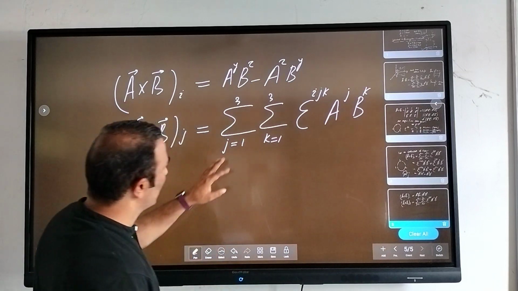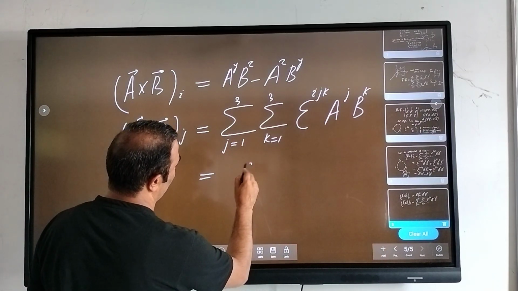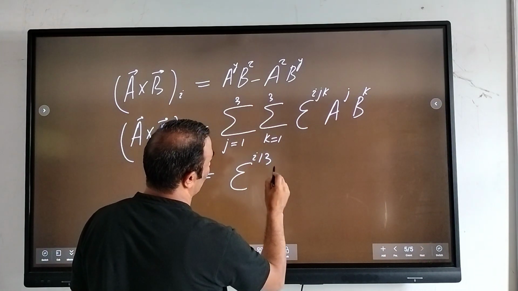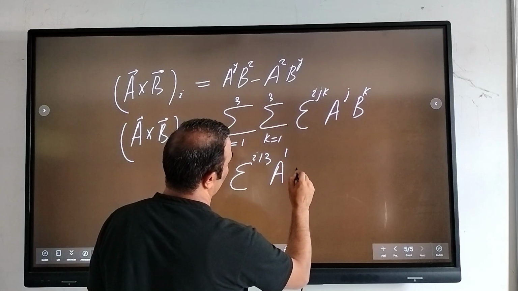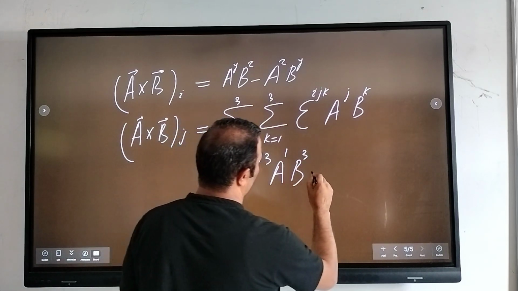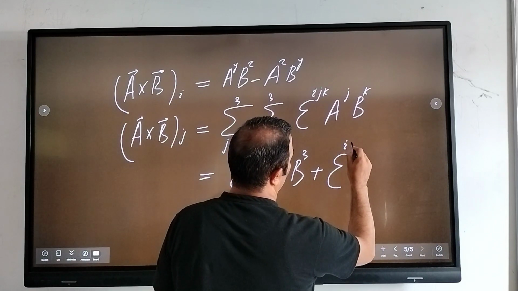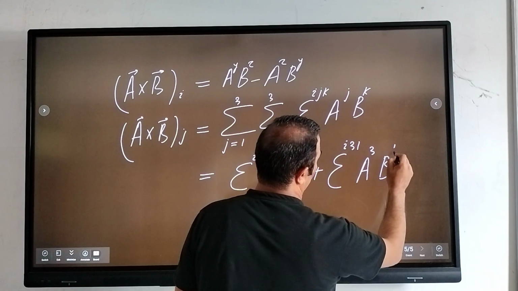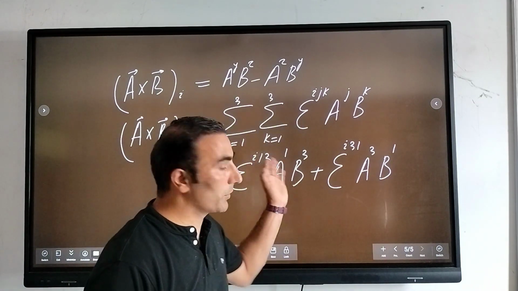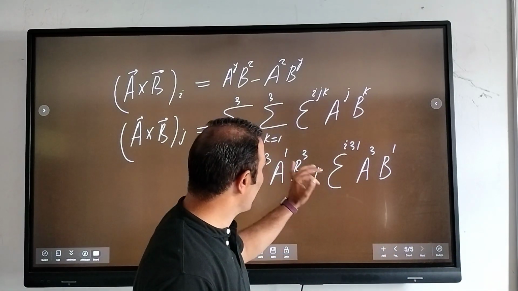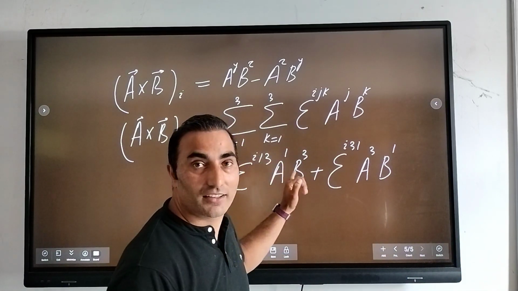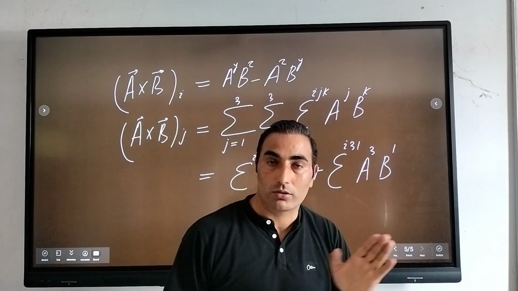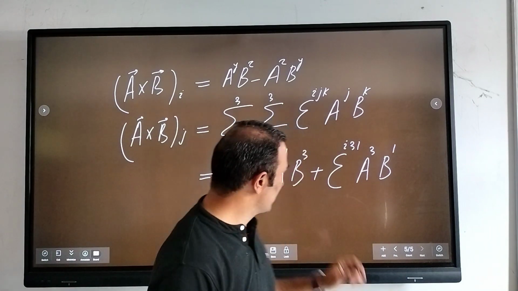So this will be epsilon i, and this can be equal to 1 3, a1 b3, plus. Okay, don't forget that i means first component. Because I'm taking i13, because we are evaluating the jth component, and in the jth component x and z will be present. So this is what I wrote here, 1 3.